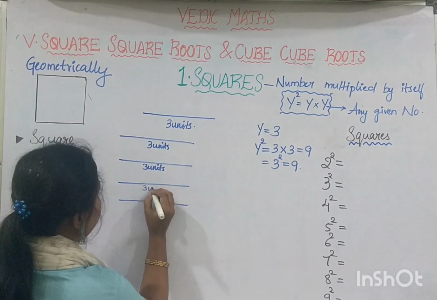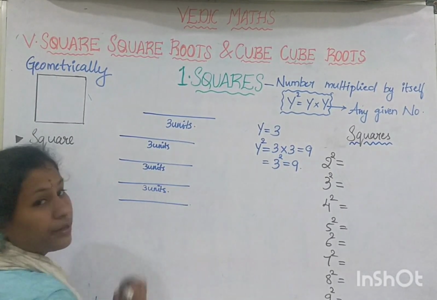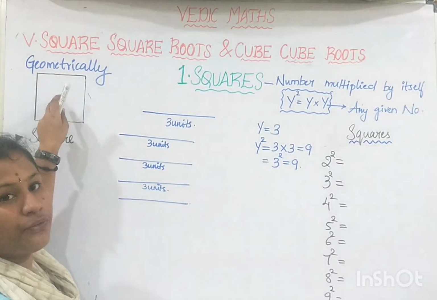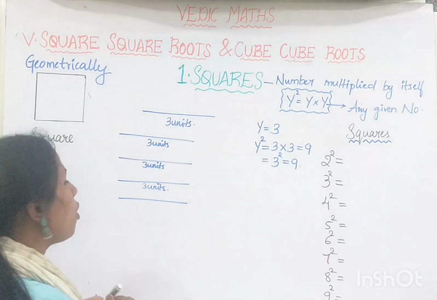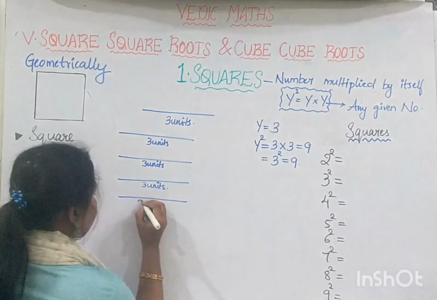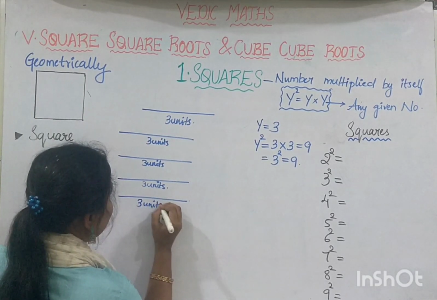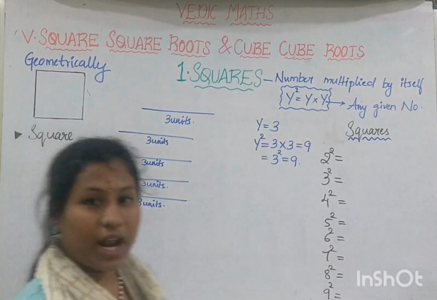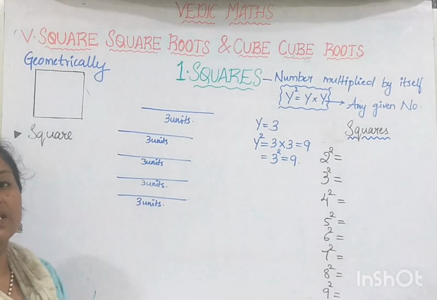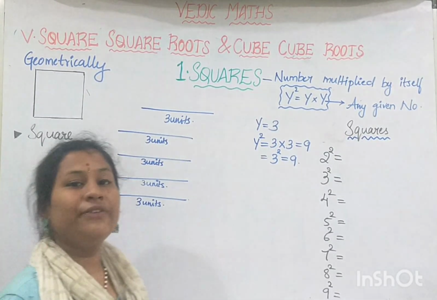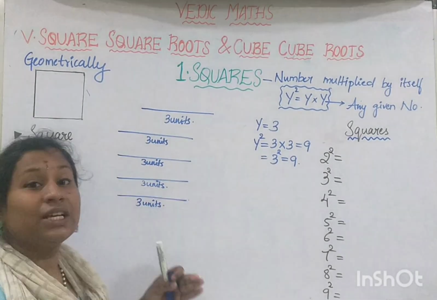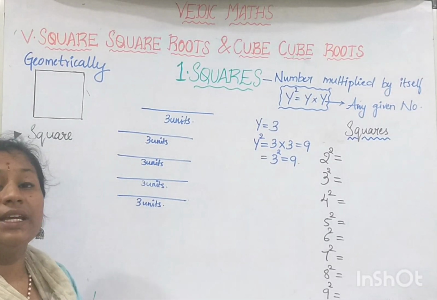Why have I taken line segments of the same 3 units? Because a geometric figure of a square has 4 equal sides. To form 4 equal sides, I have to take 4 equal line segments. If we combine these 4 line segments of 3 units into a closed figure, we will get a square.